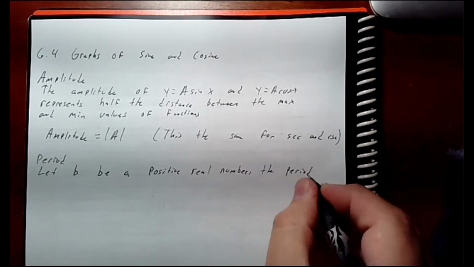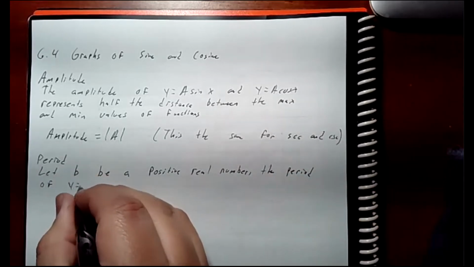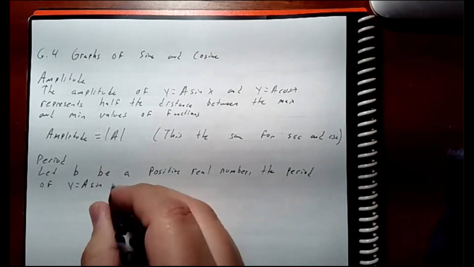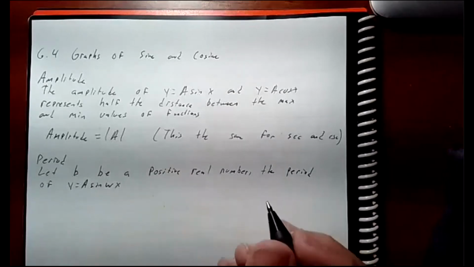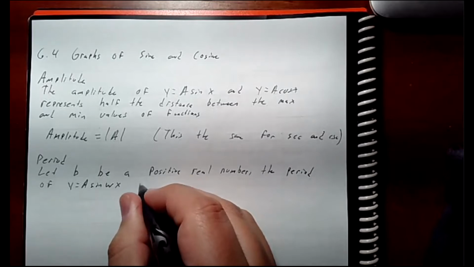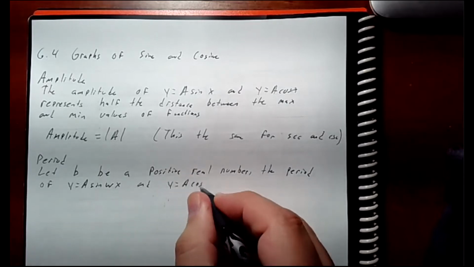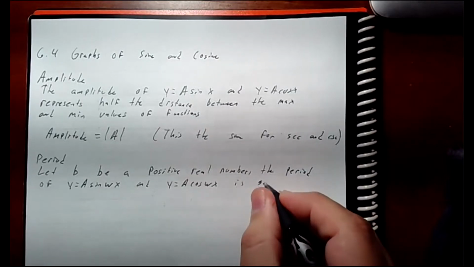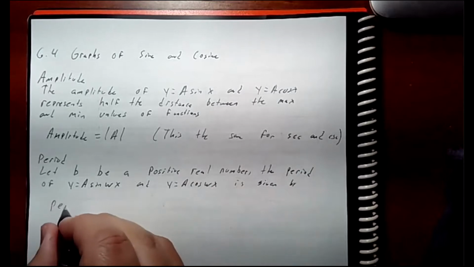The period of y equals a sine omega x, or w, it looks like a w, and y equals a cosine omega x is given by, so this is the formula.